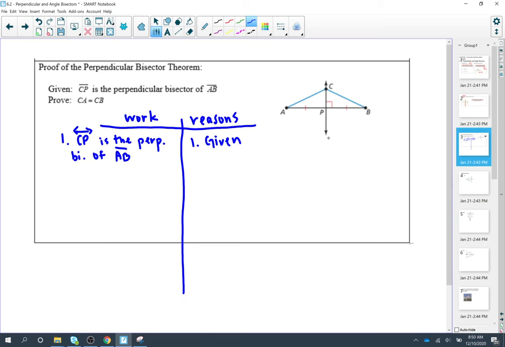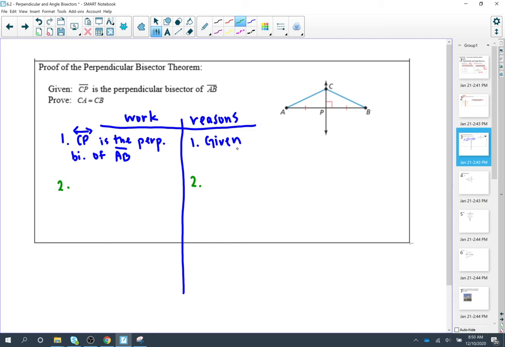CP is a line. Now we are trying to prove the perpendicular bisector theorem, which says, if this is a perpendicular bisector, then AC, or in this case, the way they're saying it, CA, is going to be congruent to CB.